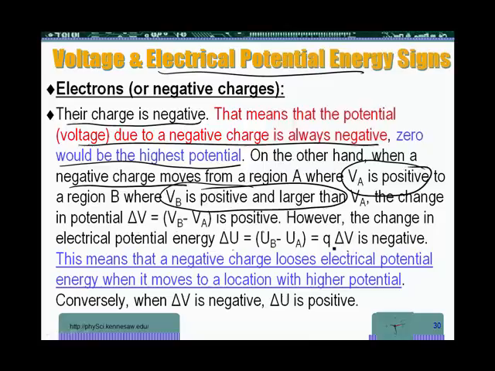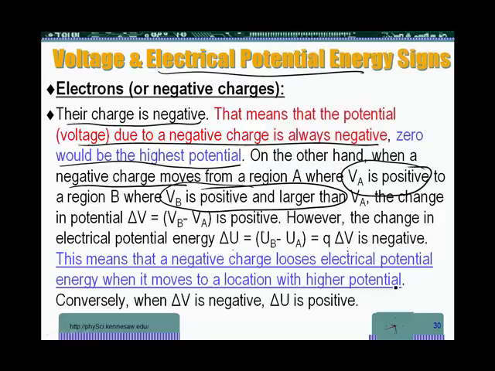It's Q times the change in electrical potential. What does it mean? It means that the negative charge loses electrical potential energy when it moves to a location with a higher potential.